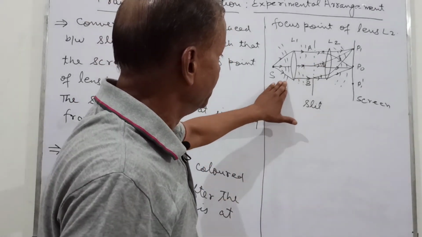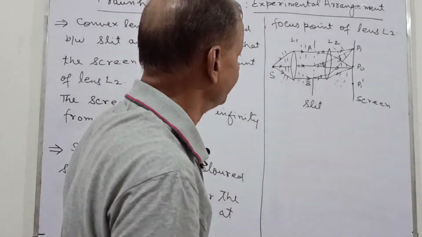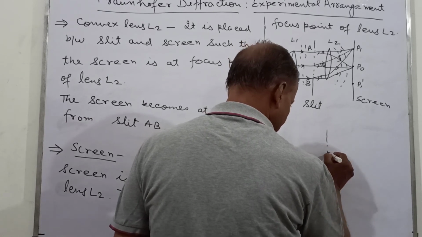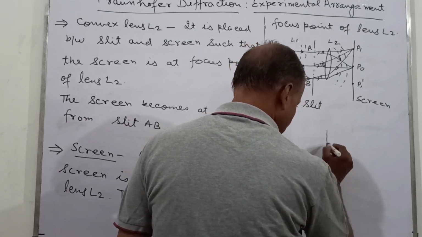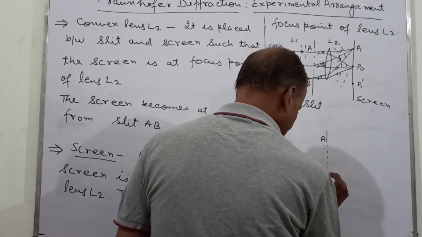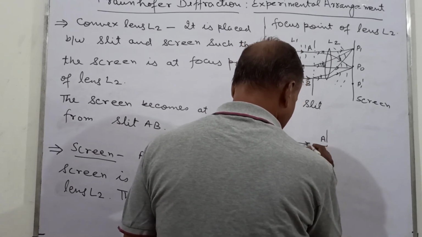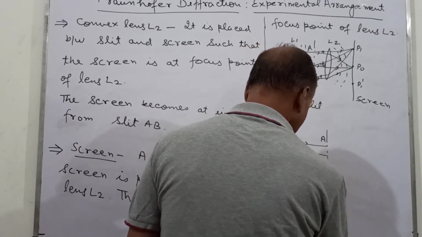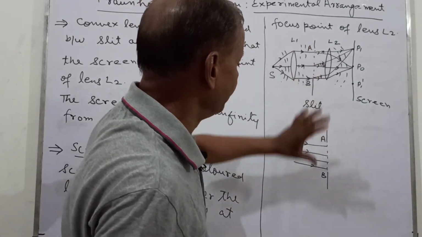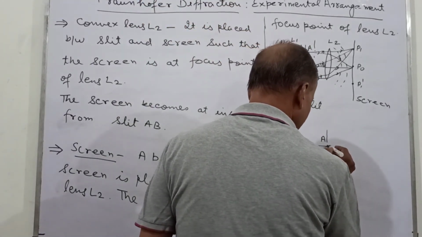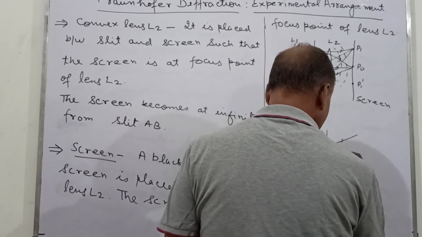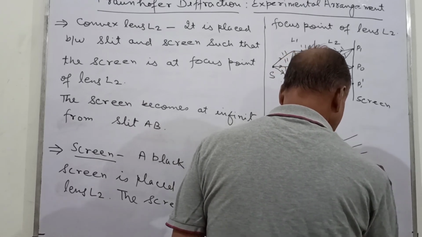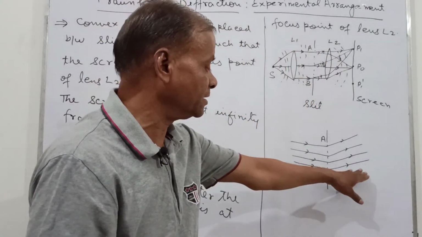So now we can show this in a very short manner. This is the slit AB, this is the incident light beam, and here we have the diffracted light waves.